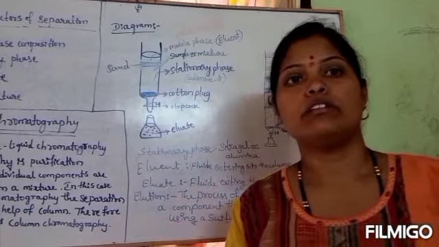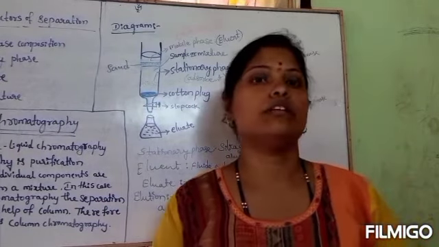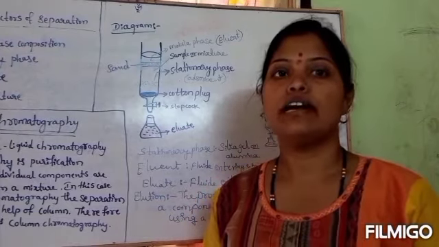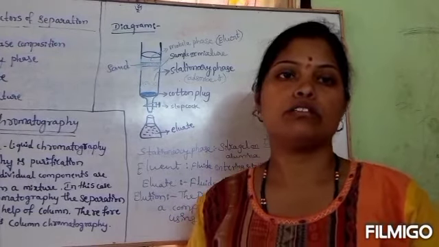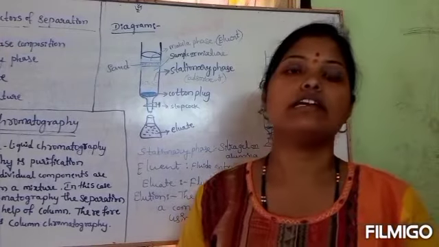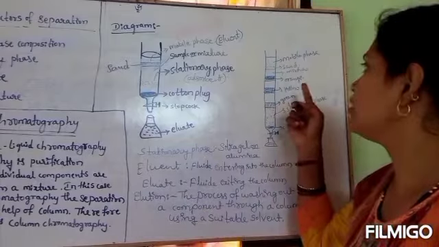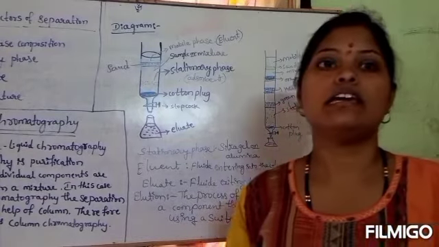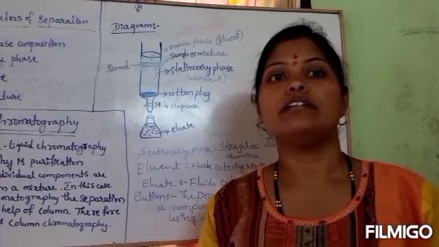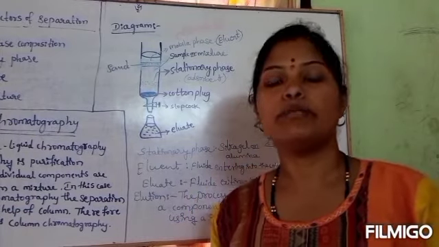As the solvent flows through the mixture, the pigments get adsorbed on the stationary phase, and we see a green band, yellow band, and orange band in the glass column. In this way we can identify the separation of the pigments.